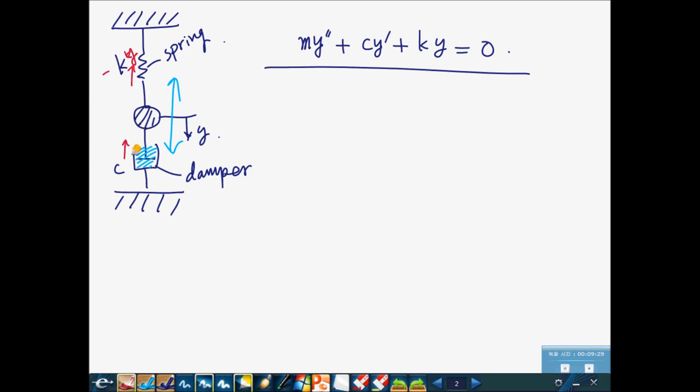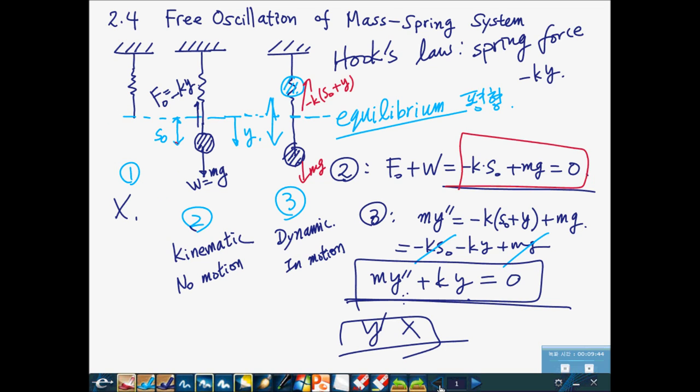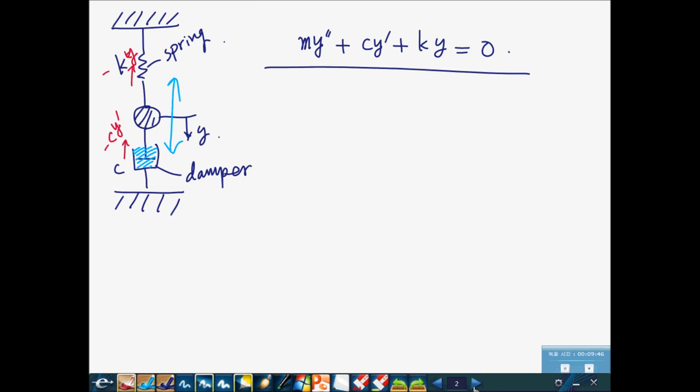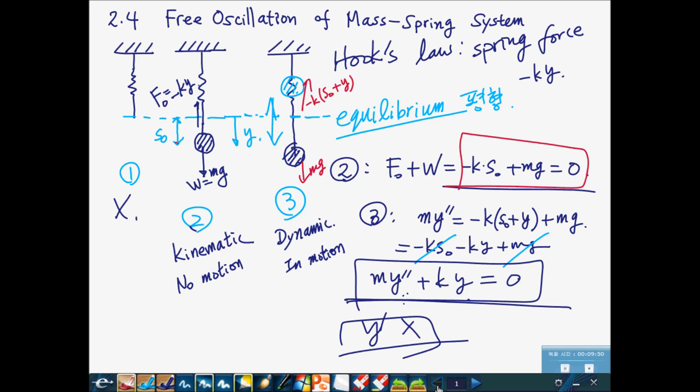This damping force is minus c times y prime. Okay? That's the damping, right? So we have this system, the original undamped system, and we have the damped system. And we have this ODE and that ODE. Okay? So it's a homogeneous system, of course.